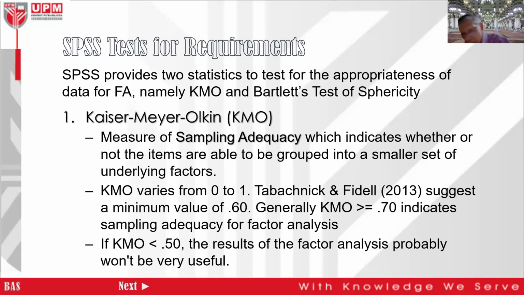So Tabachnick suggests a minimum of 0.6, but conventionally, 0.7 is more acceptable as the cutoff point to test for sampling adequacy based on KMO. If your KMO is less than 0.5, then the result will not be that useful. Therefore, you may abandon using EFA, proceed on to your SEM, and then proceed to CFA. That is the option.